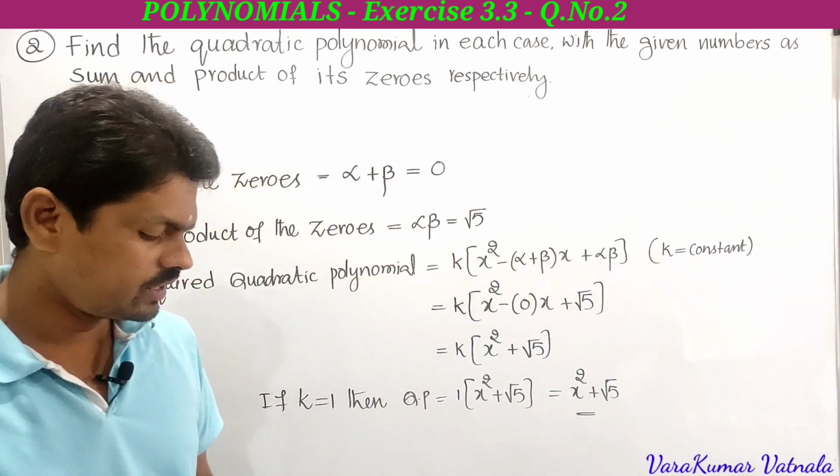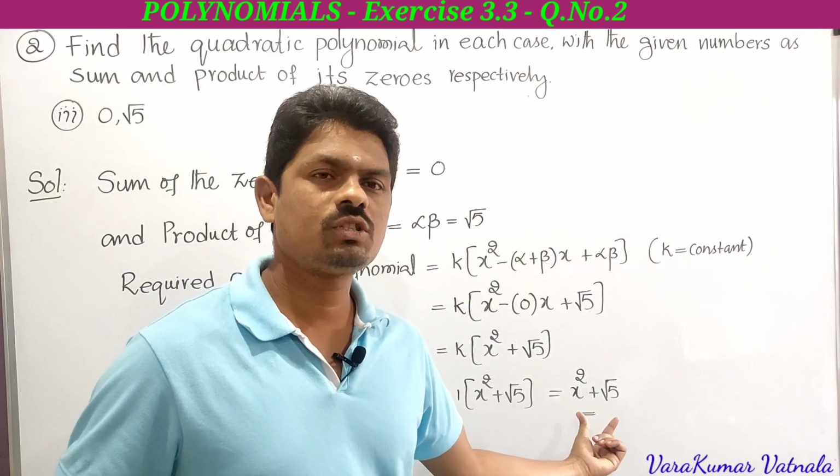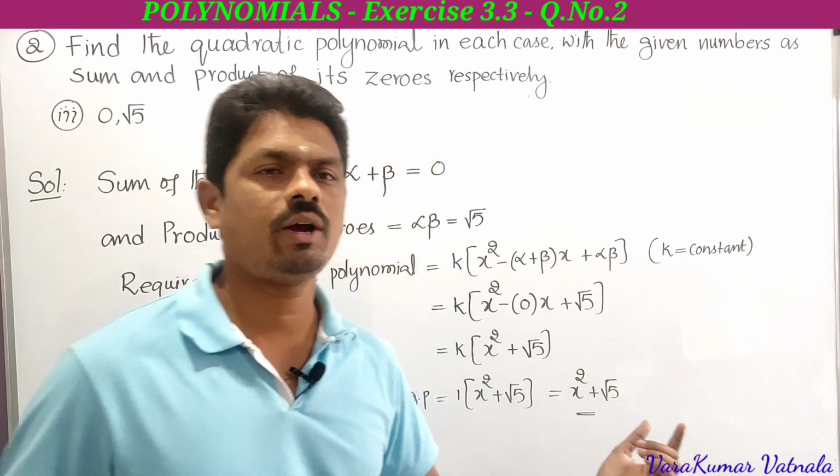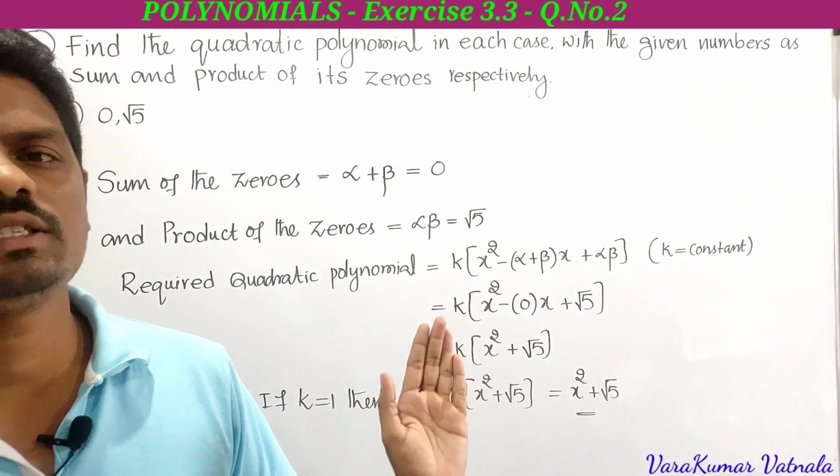So this is the required quadratic polynomial whose sum of the zeros is 0 and product of the zeros is root 5. So this is the third bit in the second problem.